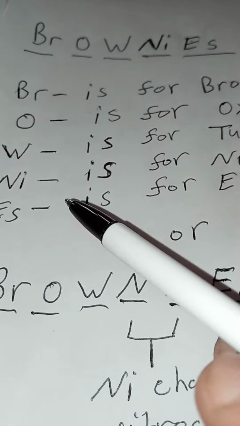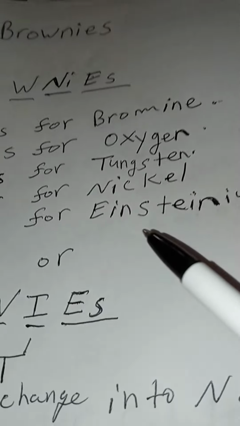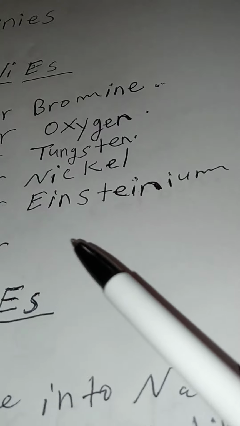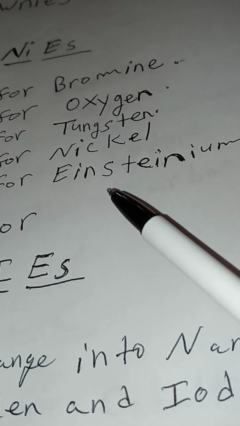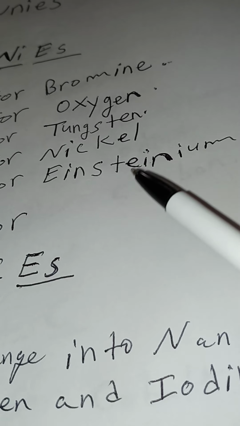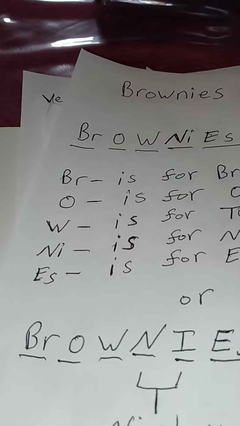We have to change that to a capital E, of course. And that stands for einsteinium. See here? Capital E and the small s is the chemical symbol for the element's name of einsteinium, capital EINSTEINIUM. Now that's one way you can do it.